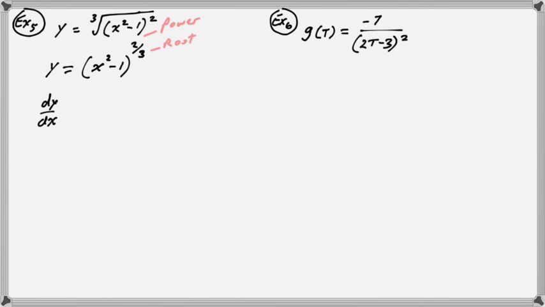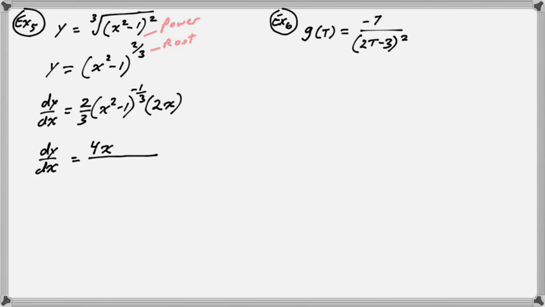We'll find our derivative by doing the chain rule. Power times base to the 1 less power, 2/3 minus 1 being -1/3. But now you got to do times the derivative of this base. So you got to do derivative of x squared minus 1, which is 2x. So when you rewrite this, do you know that 2 times 2 is 4, and you have an x and you have a 3 on the bottom?